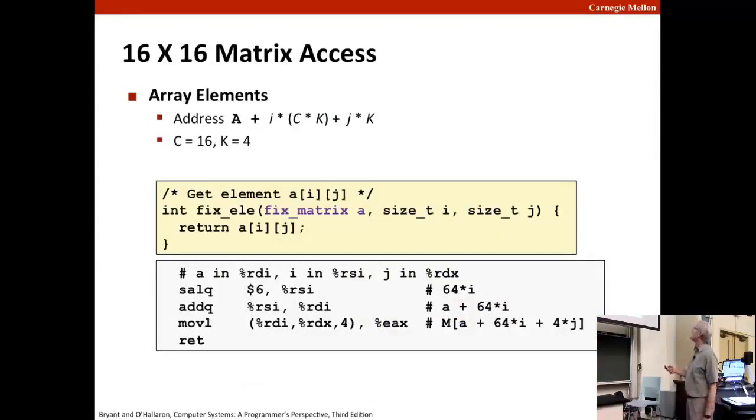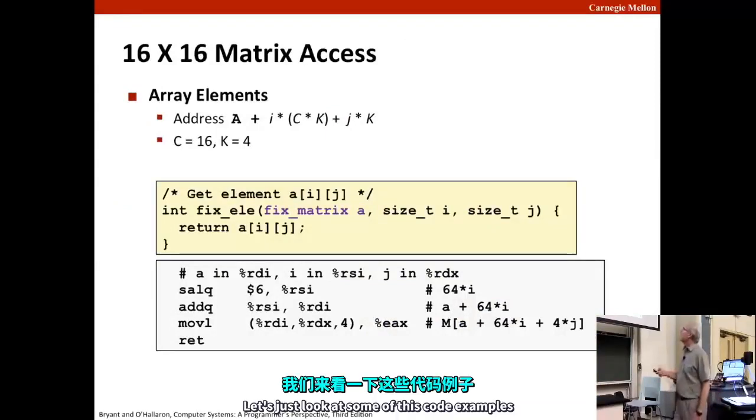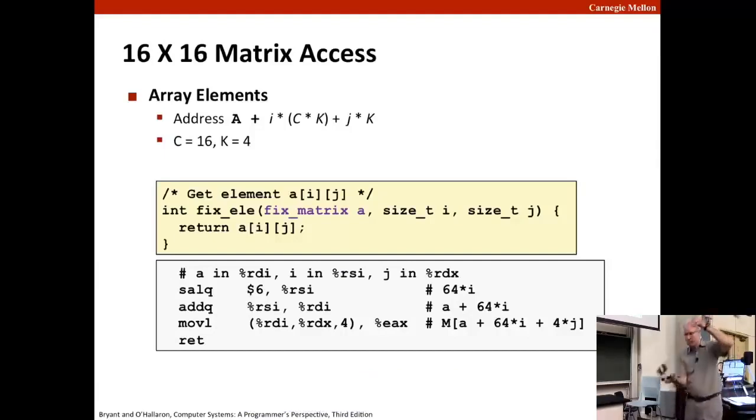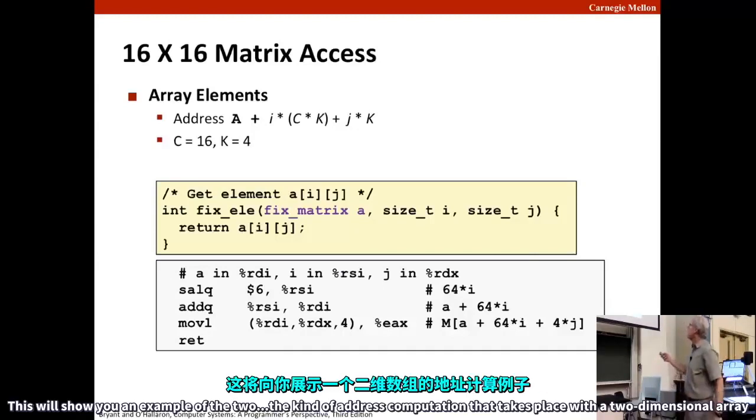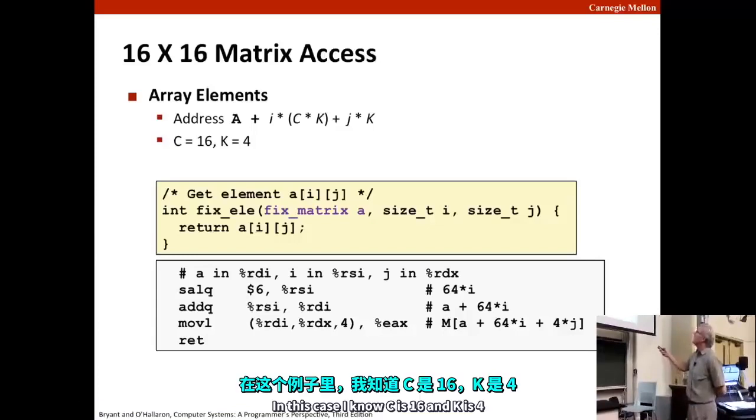So let's just look at some of these code examples. And again, this will show you an example of the kind of address computation that takes place with a two-dimensional array. In this case, I know C is 16 and K is 4.